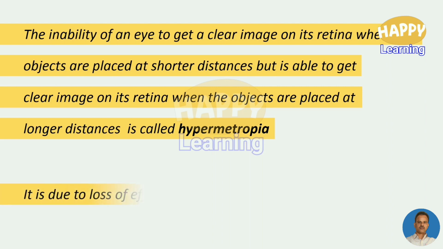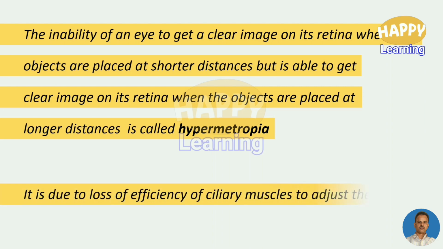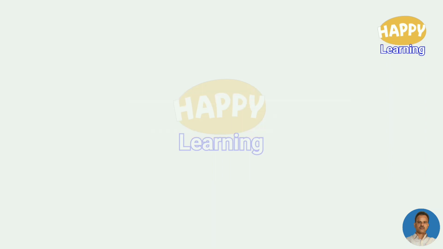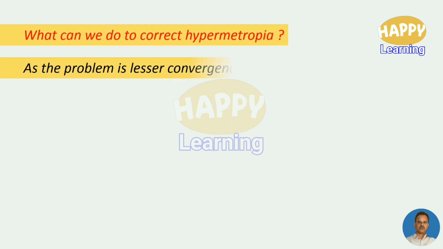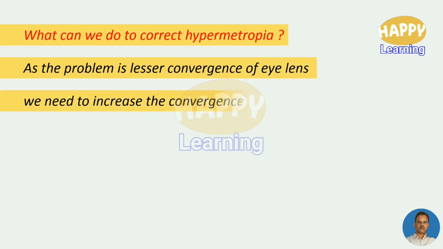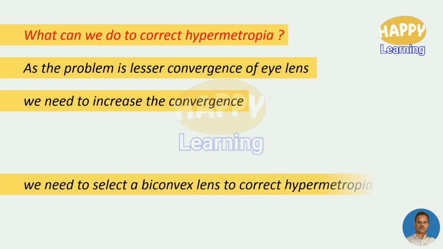It is due to loss of efficiency of ciliary muscles to adjust the focal length of the eye lens. What can we do to correct hypermetropia? As the problem is lesser convergence of the eye lens, we need to increase the convergence. We need to select a biconvex lens to correct hypermetropia.